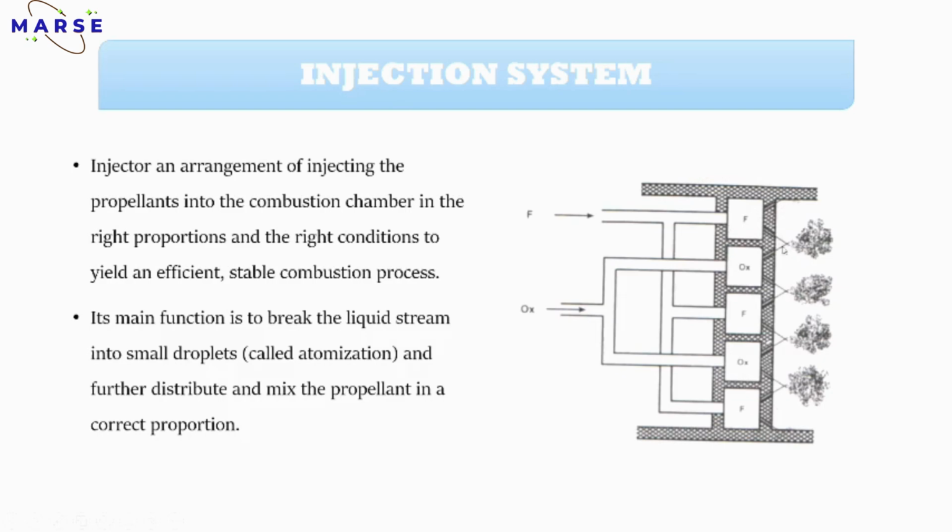From the impinging port, the fuel or oxidizer will be sprayed. Understood? Then they contact each other in the combustion chamber, as you can see in the diagram. This is the basic arrangement of the injector. The fuel and oxidizer simultaneously come from that chamber, are injected, and contact each other.